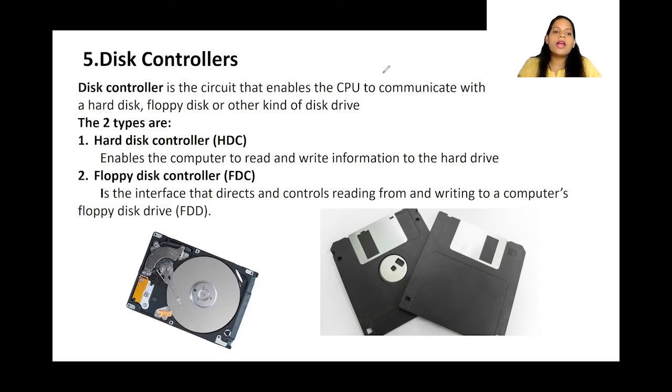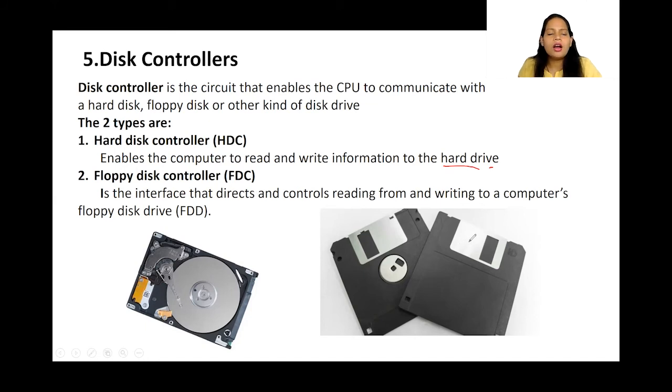As you can see, there are two types of disk controllers. One is the hard disk controller, and the second is the floppy disk controller. The hard disk controller enables the computer to read and write information from the hard drive, while the floppy disk controller helps the CPU to communicate with the floppy disk.